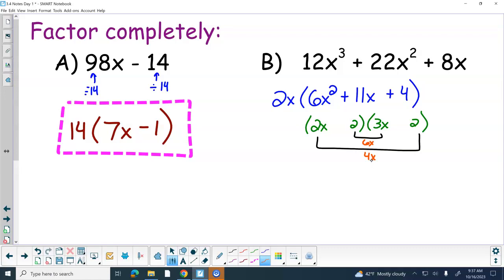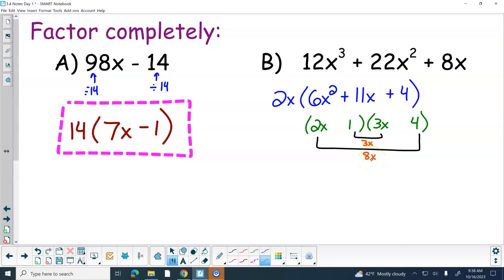What's my other choice? 1 and 4. Do you want the 1 first or the 4 first? The 1 first? If I do that, then I've got 3x and 8x.